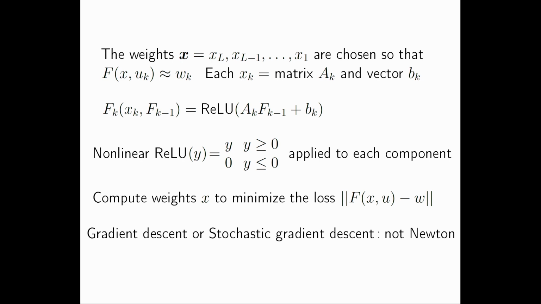And that big optimization problem is usually solved by stochastic gradient descent. So there are ingredients there that Lagrange interpolation by polynomials never thought of, in nonlinearity and stochastic gradient descent, but it works.